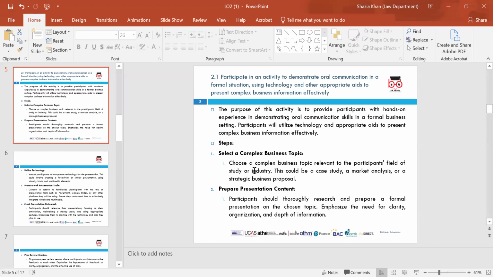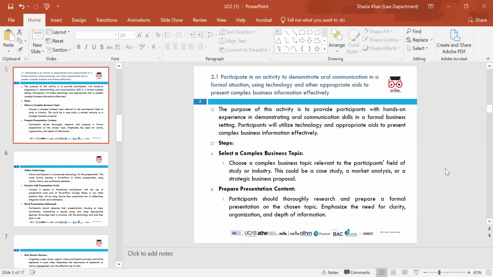Participants will utilize technology and appropriate aids to present the business information effectively. So the steps that are used is, number one, you select a complex business topic. So you choose a complex topic relevant to the participants, the field of study or industry. This could be a case study, any sort of market analysis, or a strategic business proposal.